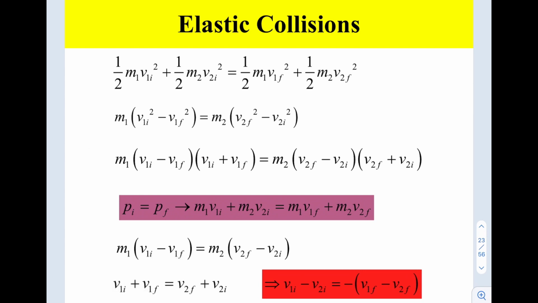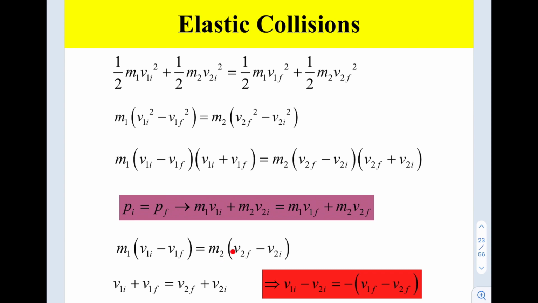For elastic collision now, if we open up the equation, this is the conservation of kinetic energy, and we simplify the equation into this, open up the square here, and also make use of the conservation of momentum. Now we are going to simplify the equation.